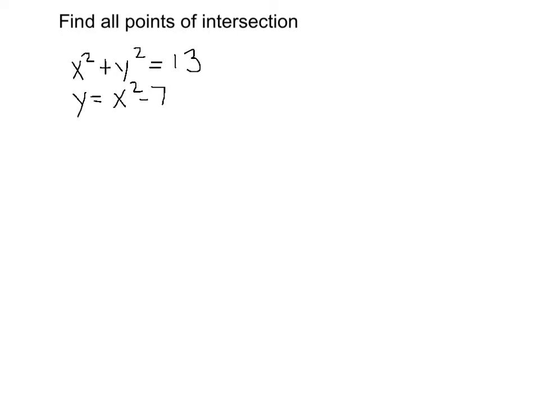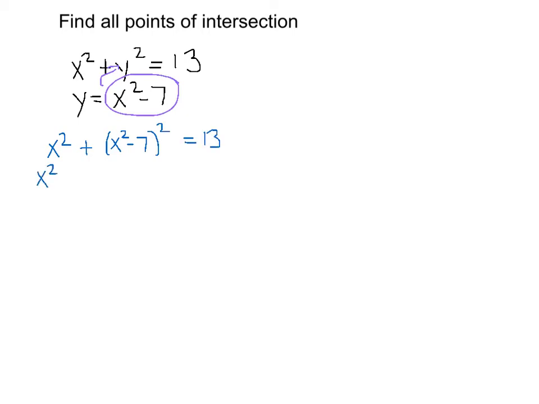If you notice, we have x squared and y squared in my top equation, only x is squared in the bottom equation. So since not all x's and y's are squared, our only option here is substitution. So we're going to be taking x squared minus 7 and plugging it in for y. So as we go through and do this, we will have x squared plus x squared minus 7 squared equals 13.